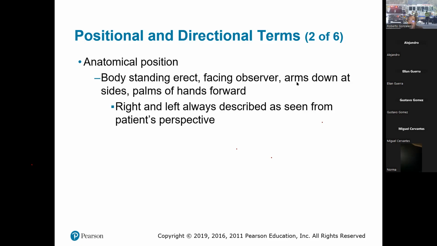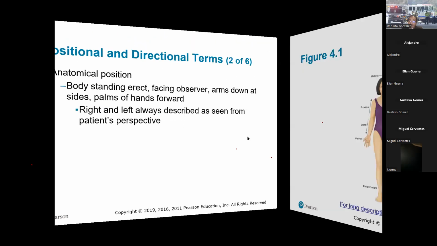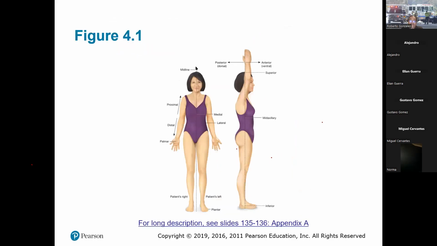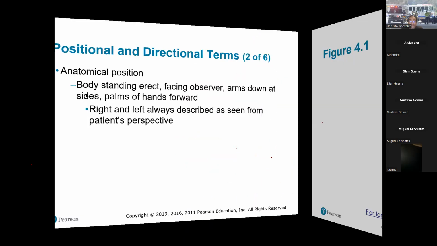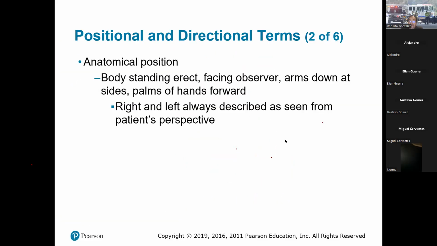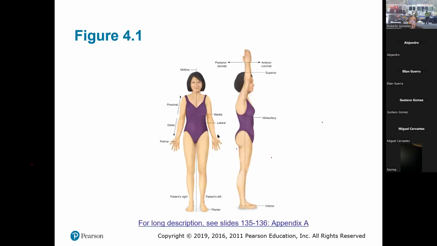In other words, if they're facing me, arms are outward, down at sides, and the palms are facing forward. Then we can divide the body into right and left. Always describe it from the patient's perspective, so you don't get it confused. Remember: body standing erect, facing observer, arms down, and palms facing outward. So whenever you see somebody, this is what you have to picture them in.